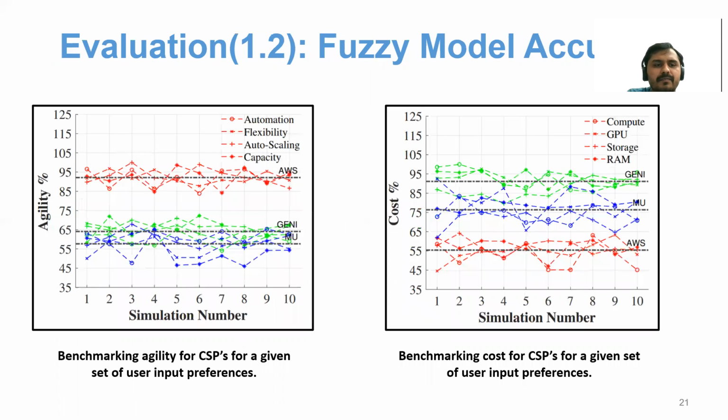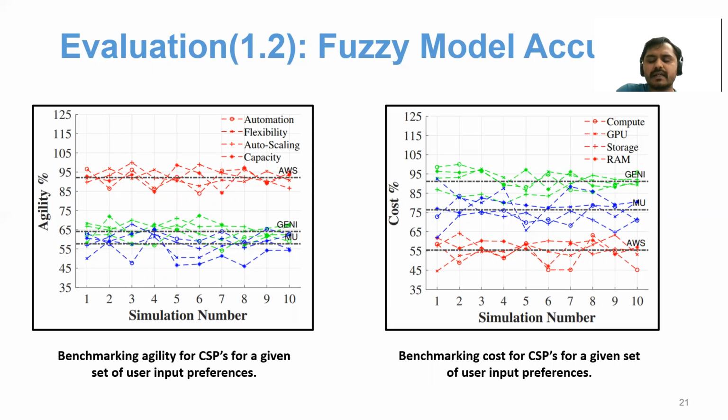Similarly, for agility, again, AWS performs well, and Genie and MU are on the same level at around 65 or 55. For cost, Genie outperforms MU and AWS because Genie is the most cost-effective solution, because it does not charge users too much to run their workflows on top of it.